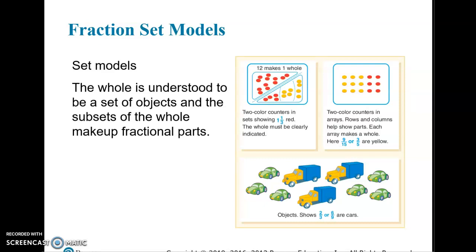As an example, 3 objects are 1/4 of a set of 12 objects. The set of 12 in this example represents the unit and the whole, or 1. Another example: putting a piece of yarn in a loop around the objects in a set helps students see the whole, as in the figure on the right.